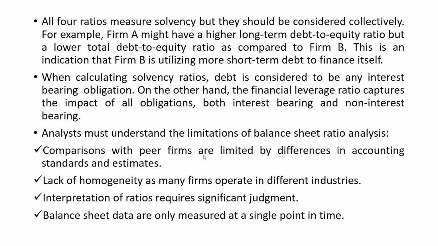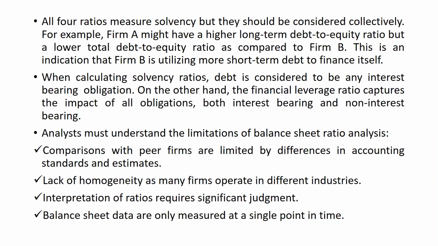So when we calculate the solvency ratio, debt should be considered as any interest-bearing obligation. On the other hand, the financial leverage ratio should capture the impact of all obligations, both interest-bearing and non-interest-bearing. So the analyst must understand the limitations of balance sheet ratio analysis.